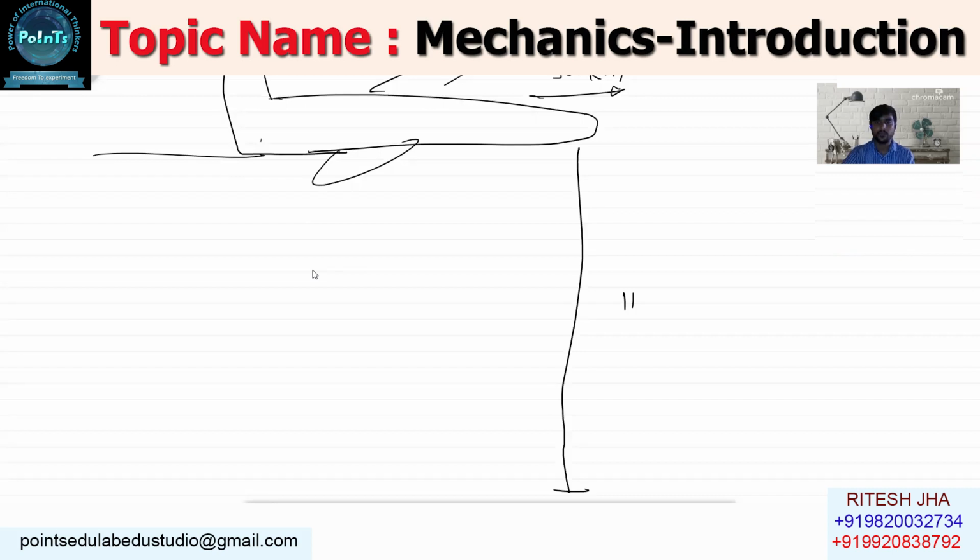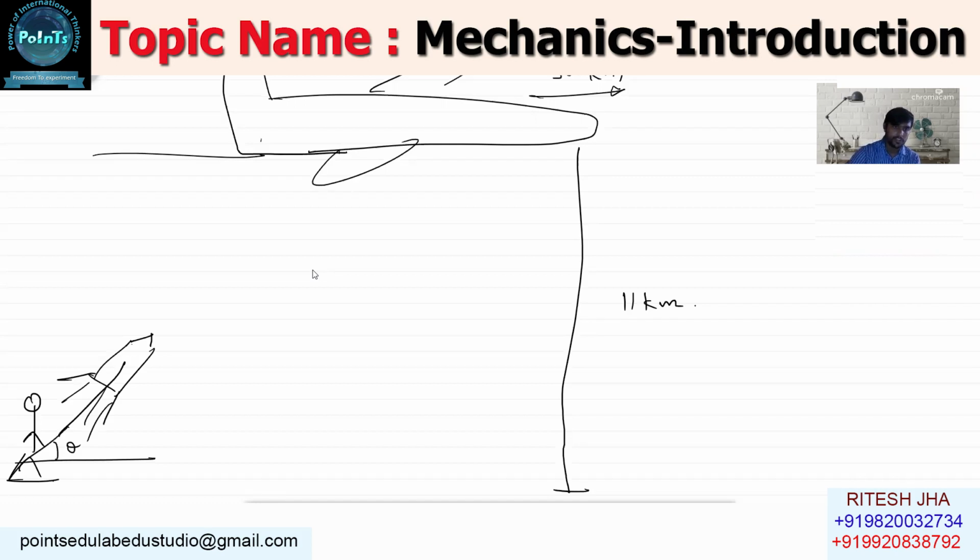So this guy launched a missile to hit this aircraft. He must have estimated at what angle it should be launched and with what speed, right? And he was able to hit this aircraft very precisely.